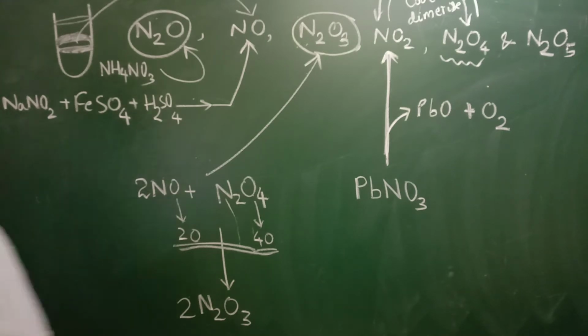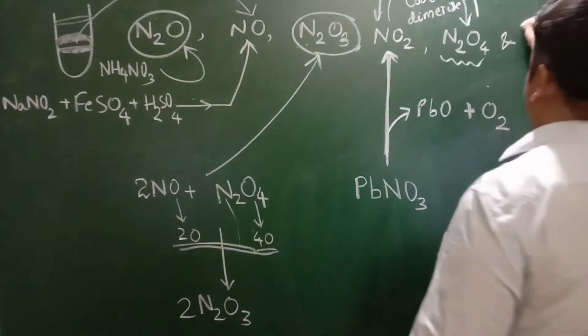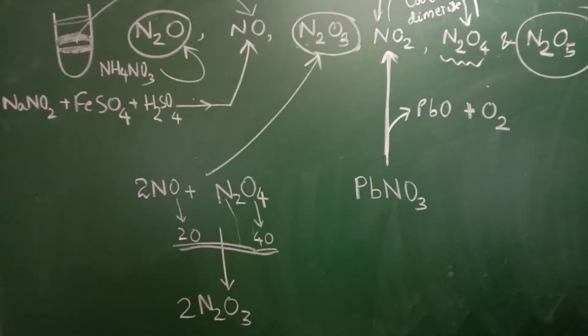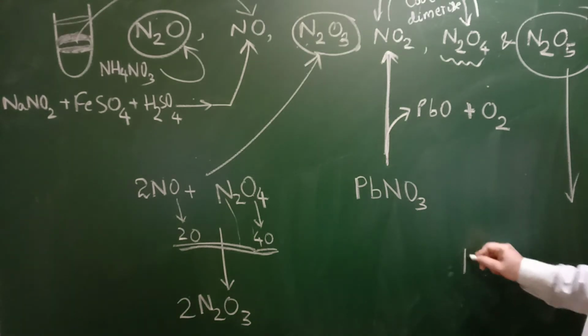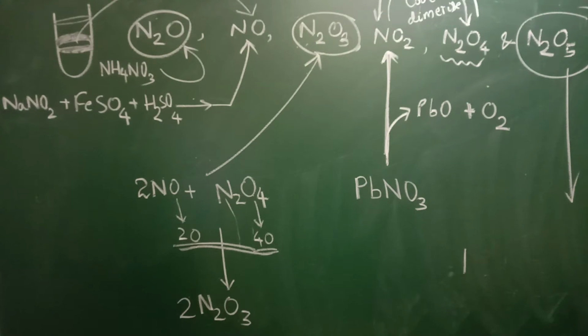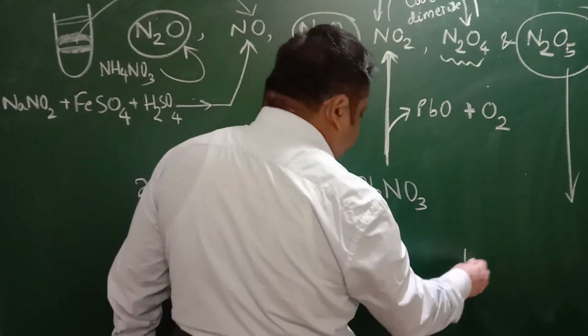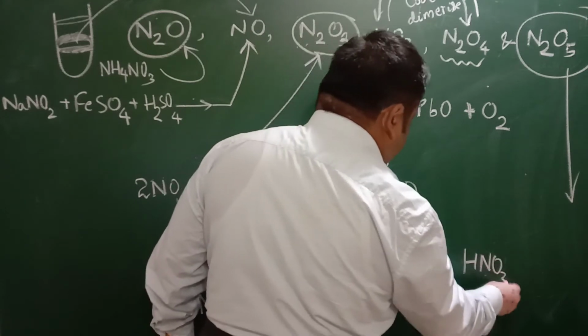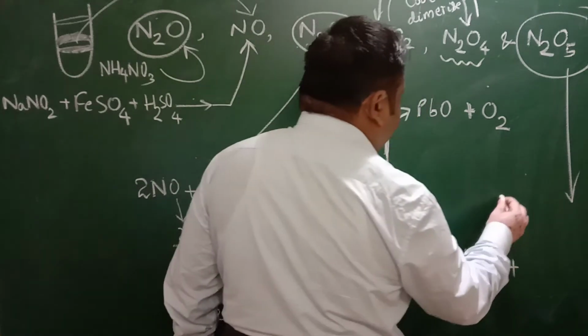Okay, one is left, N2O5. How to prepare N2O5? We can take any of the salts containing NO3, or we can take HNO3 and treat it with P2O5.